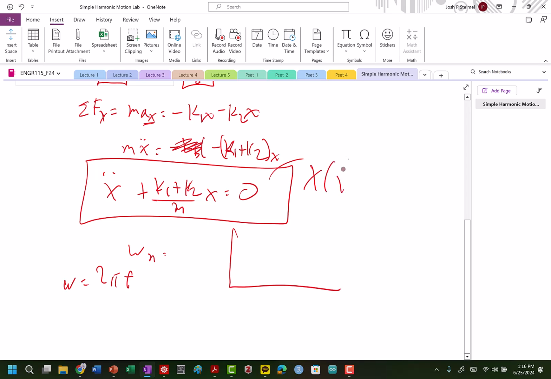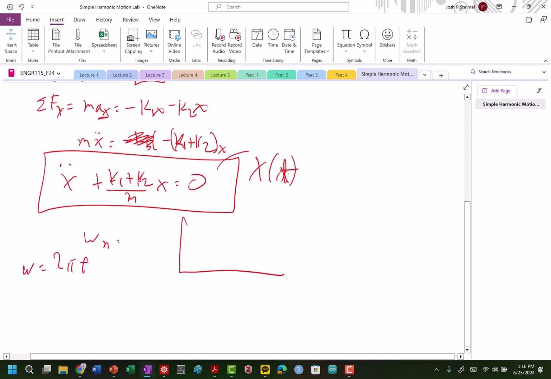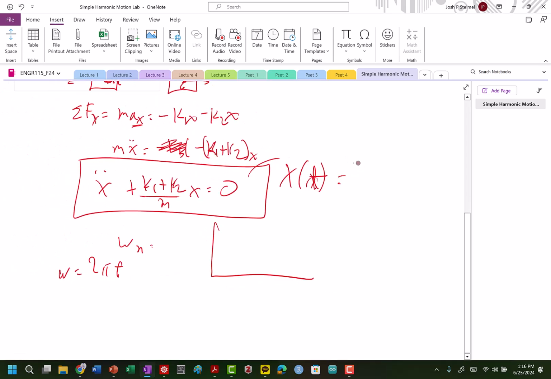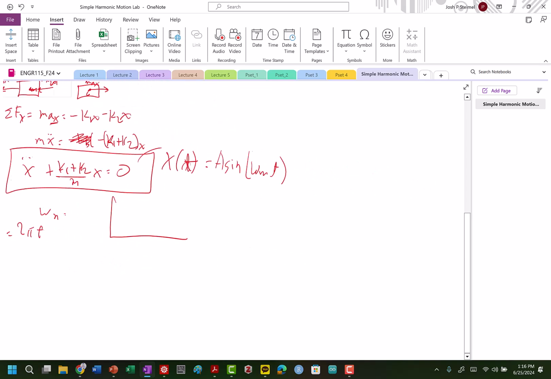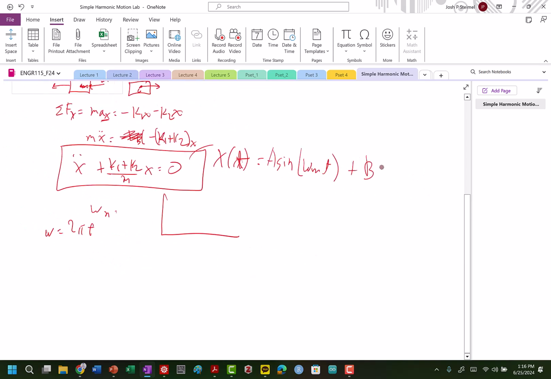So our x of t will look something like A times sine of omega n t plus B cosine of omega n t, where omega n is equal to the square root of K1 plus K2 over M1, mass 1.